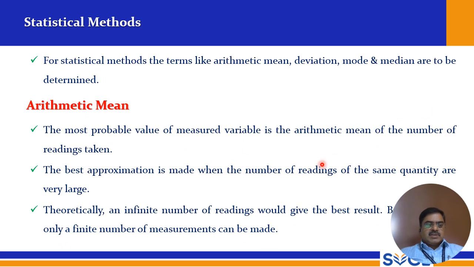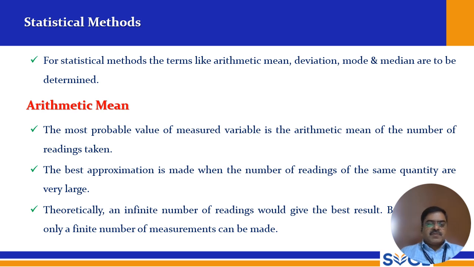We will see the different components of statistical methods. For statistical methods, the terms like arithmetic mean, deviation, mode, and median are to be determined. These are the components of statistical methods. We need to determine these. Arithmetic mean: the most probable value of a measured variable is the arithmetic mean of the number of readings taken.